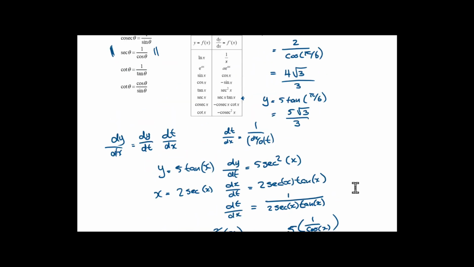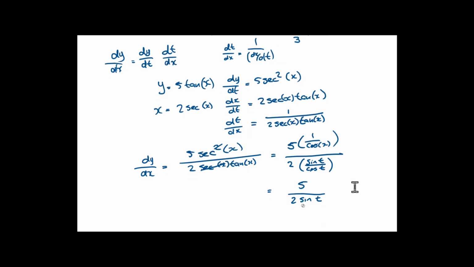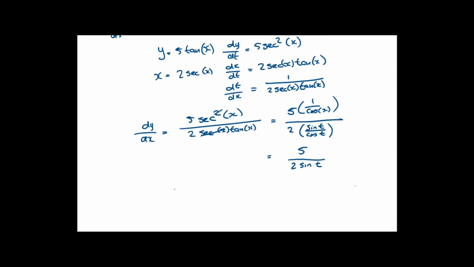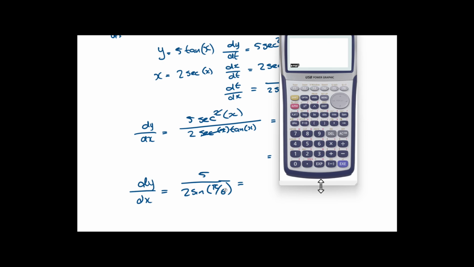We know what t is. t is pi over 6. So dy/dx is going to be 5 over 2 sine pi over 6. I think sine pi over 6 is half, isn't it?